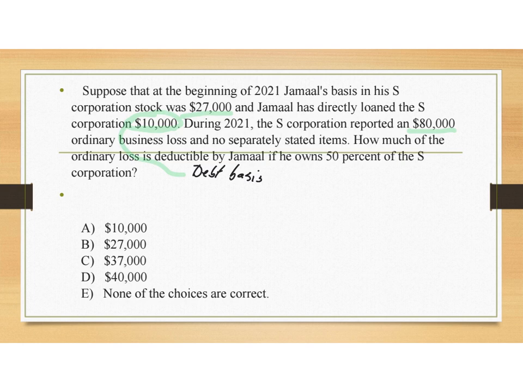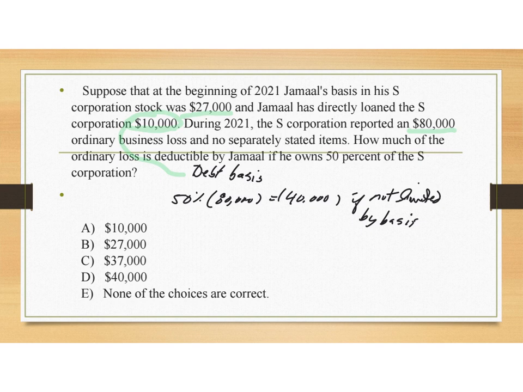Okay, if he owns 50%, the most he could deduct, if he wasn't limited by basis, would be 50% of 80, which is 40,000. However, he might be limited by his basis, okay?